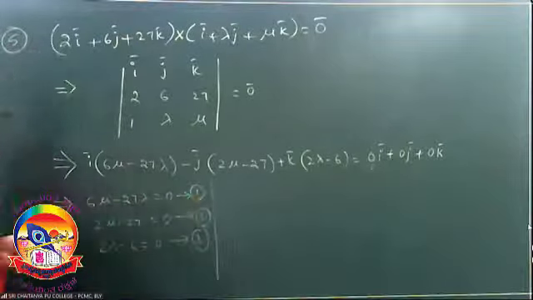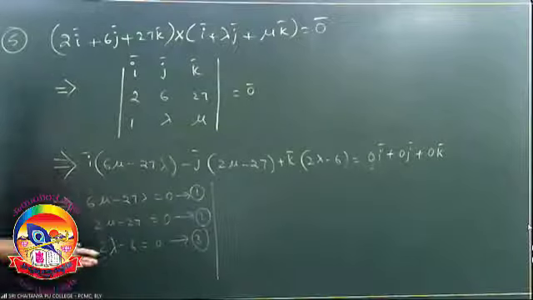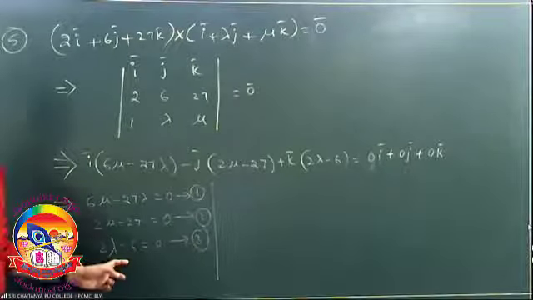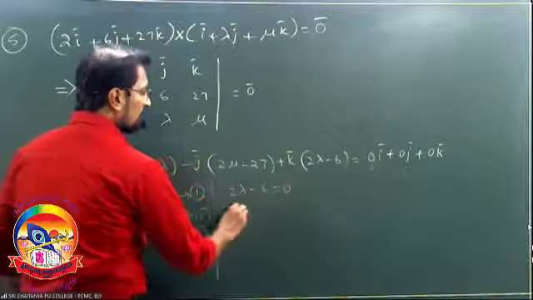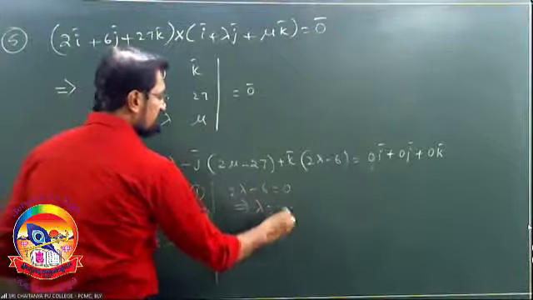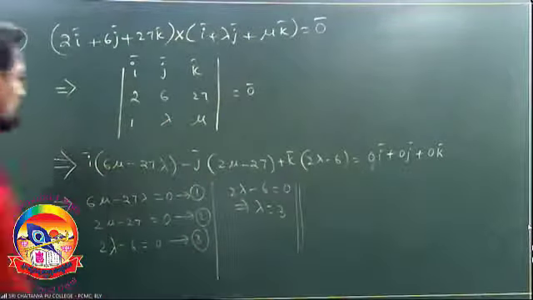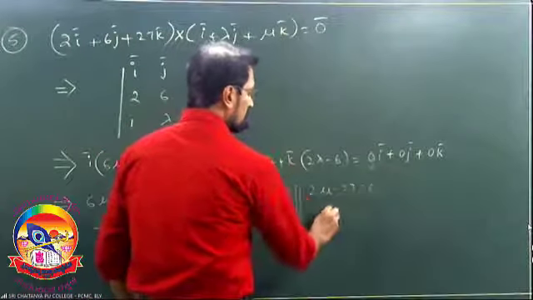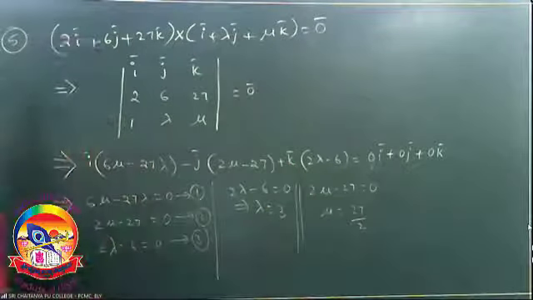From the third one, observe, 2 lambda minus 6 is equal to 0, so lambda is equal to 3. And from the second one, 2 mu minus 27 is equal to 0, so mu is equal to 27 upon 2. I hope you understood this.